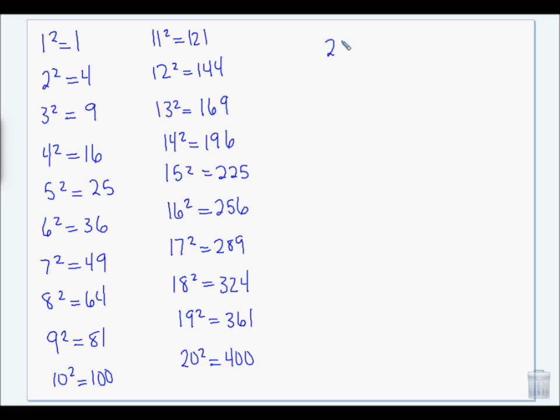Okay, then another good one to know is 25 squared. And if you know all of these, well, 20 squared is 400, since 2 squared is 4. So 30 squared is 900. 40 squared would be 1600. Do you see that?